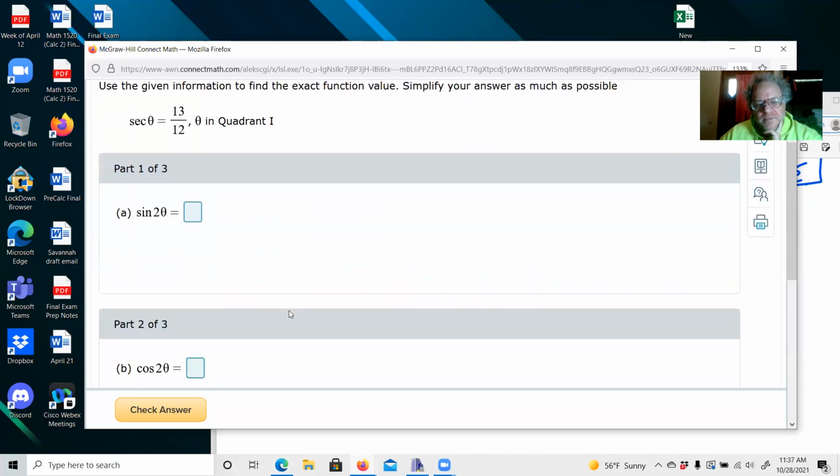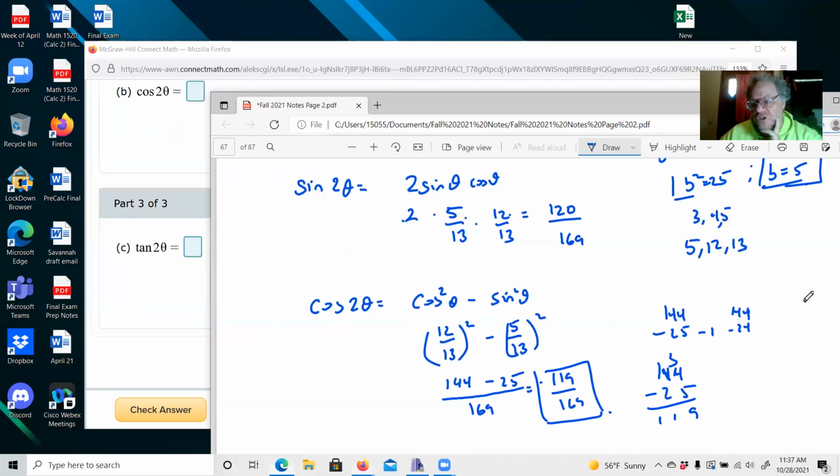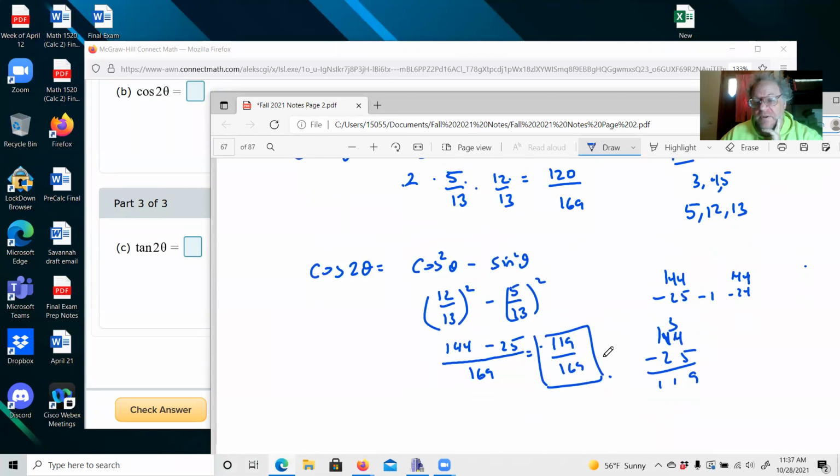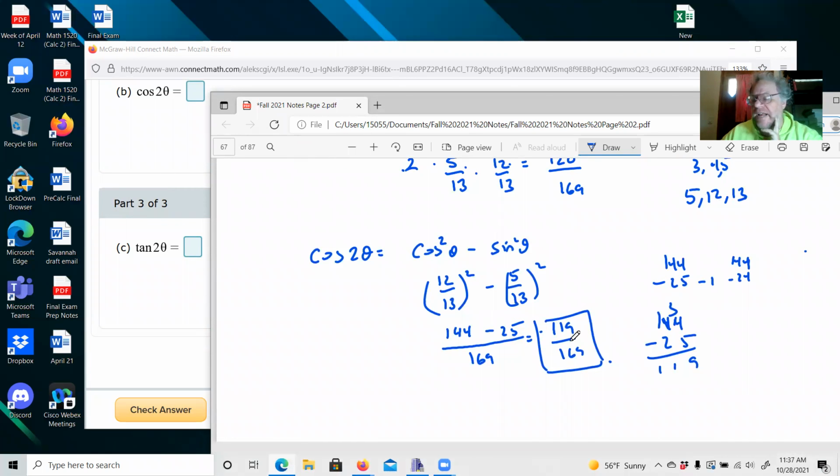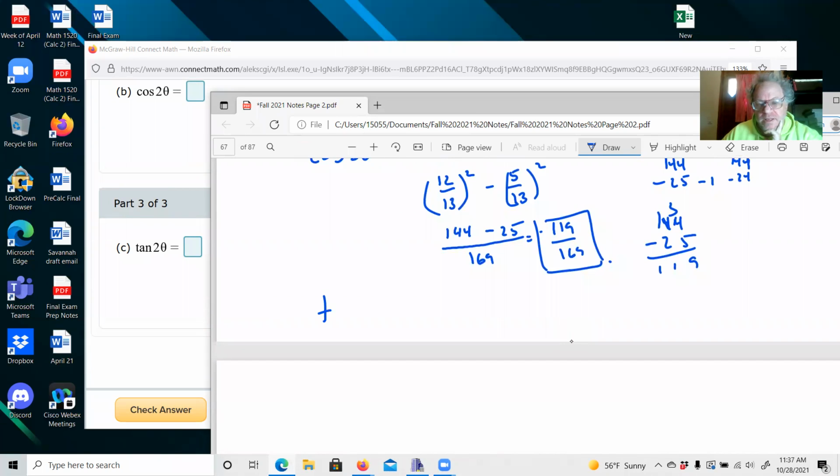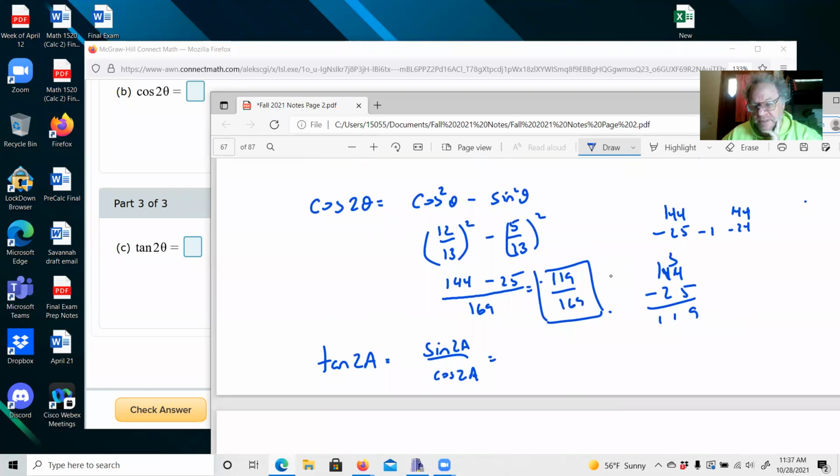So, tangent. Again, you can do tangent either way. You could say tangent of 2a is equal to sine of 2a over cosine of 2a. This is actually how I recommend you do it, because we've already gone through the work. This is 120 over 169 divided by 119 over 169.